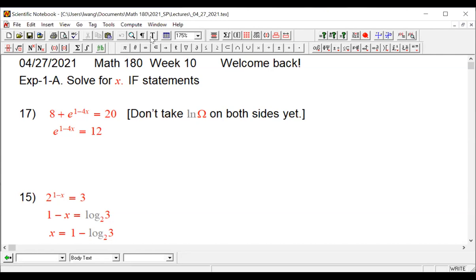Even though both sides are positive, don't just take them blindly. So now you can take it. Now we can take it.